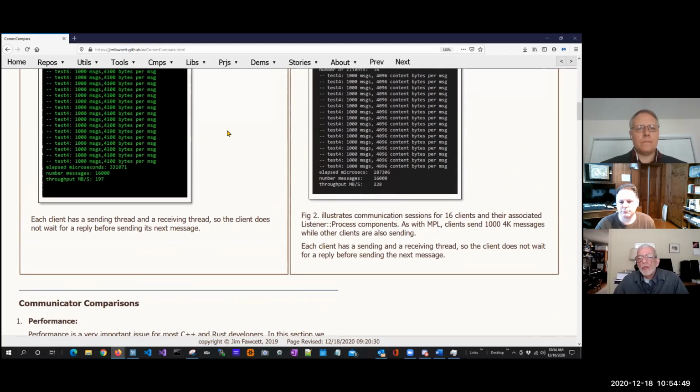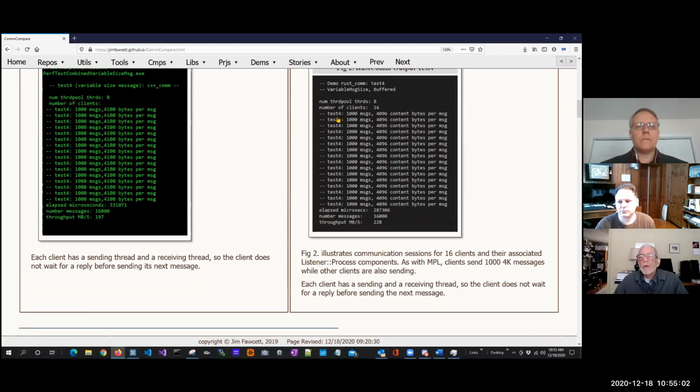In this particular example, the Rust program was transferring 228 megabytes per second. The way we count that is we count the total number of megabytes in these messages: 1,000 messages times 4K messages times 16 clients. And then we divide that by the time it takes to send the first message and receive the last message.